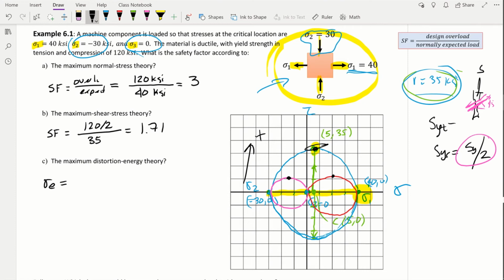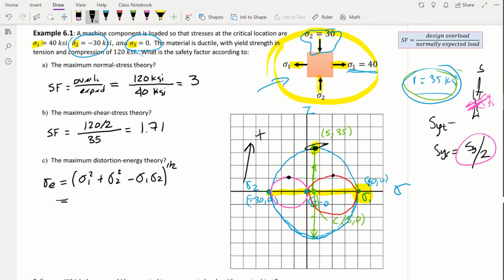If you look at the equation and reference booklet, you can see that when sigma 3 is 0, when the third principal stress is 0, then the equation for the equivalent stress is going to simplify to sigma 1 squared plus sigma 2 squared minus sigma 1 times sigma 2, and then the whole thing to the 1/2 or the square root. What that means for us, right, we can just substitute the values. So here we go.